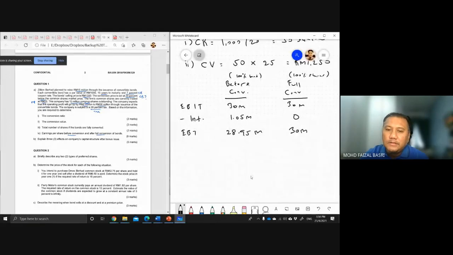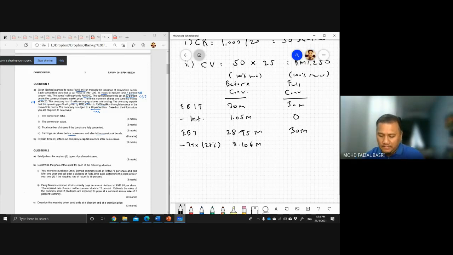Okay, after we have this earning before taxes, we're going to minus the tax, and the tax rate is 28%. So 28.95 times 28%, you have 8.106 million, and 30 times 0.28 is 8.4 million here.